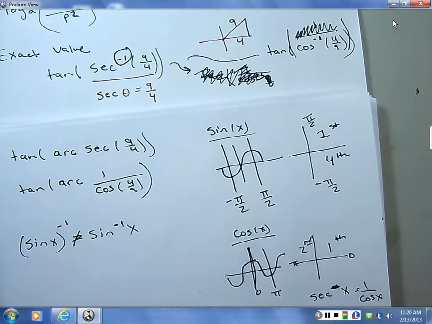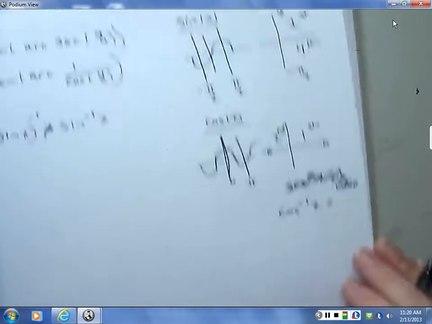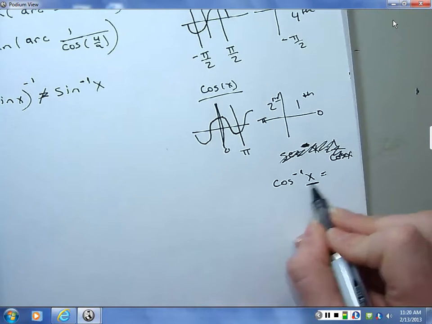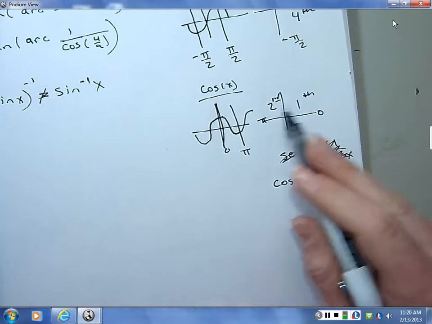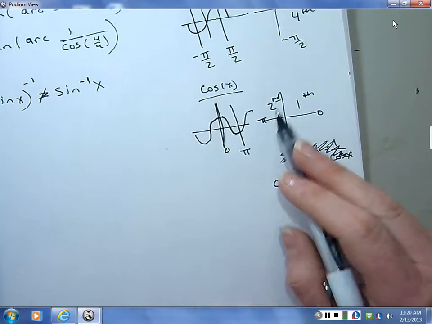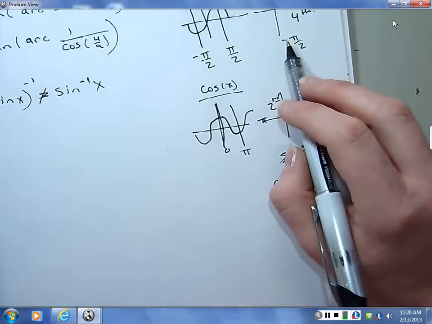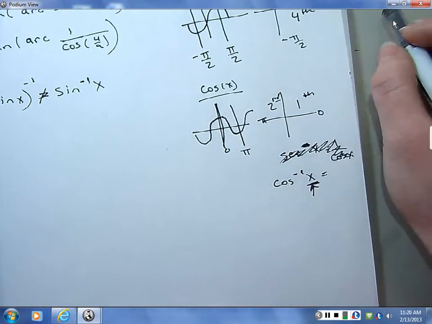Yeah, so inverse cosine, cosine inverse of x, my input can only be in the first or the second quadrant. Sine, my input can only be in the minus pi over 2 to pi over 2.